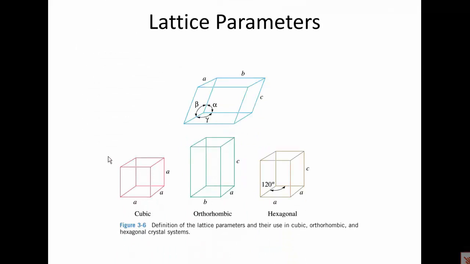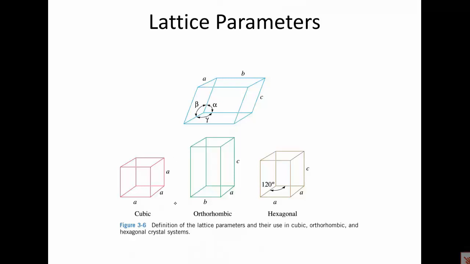We're going to look at the characteristics of lattice types, and before that we introduce the ideas of lattice parameters. There are 6 possible lattice parameters: the sides A, B and C, and the angles between the edges of the unit cell.